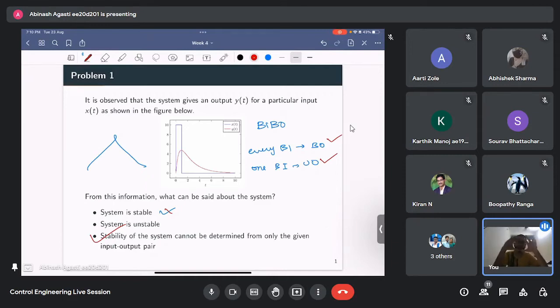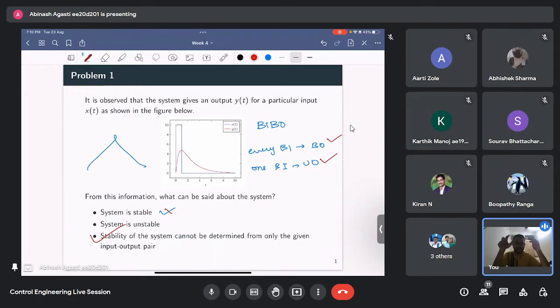Given any bounded input means that for all the bounded inputs that can exist, my output has to be bounded. Then only my system is stable. Even if only one bounded input gives an unbounded output, then my system is unstable.